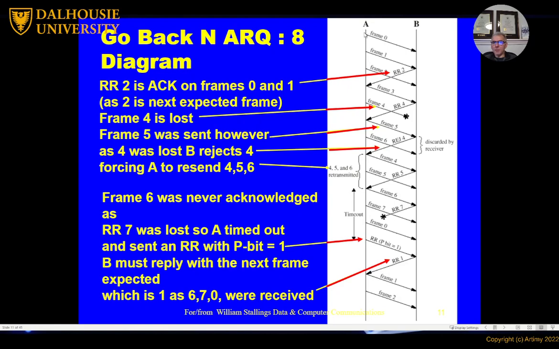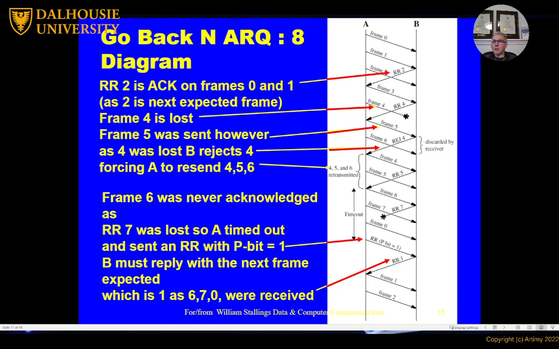We'll start by A sending frame 0. Since we have multiple frames that can be outstanding, that can go out without acknowledgement, we have to number them 0, 1, 2, 3, up to a certain number. If we use 3 bits for the sequence number, then we have from 0 to 7.